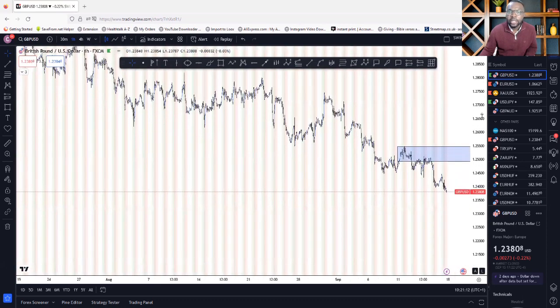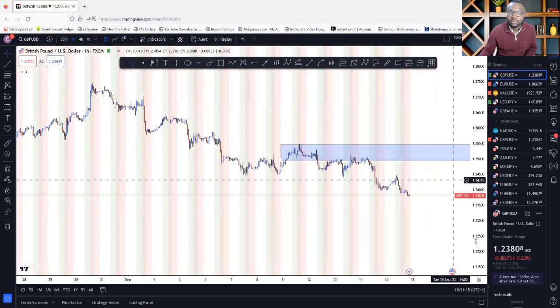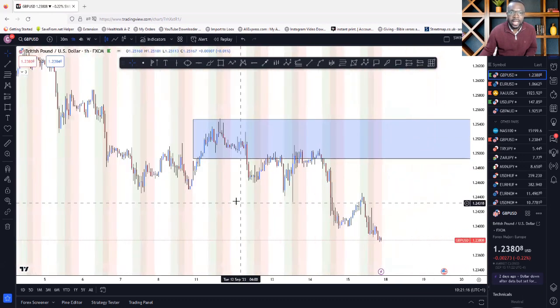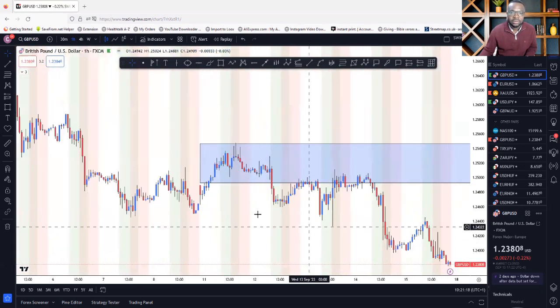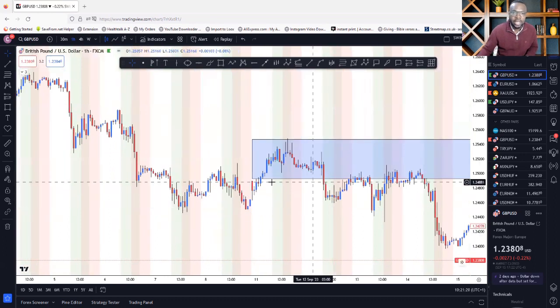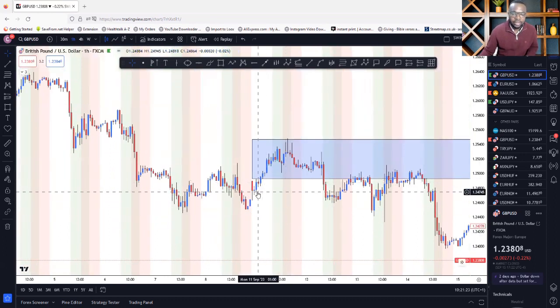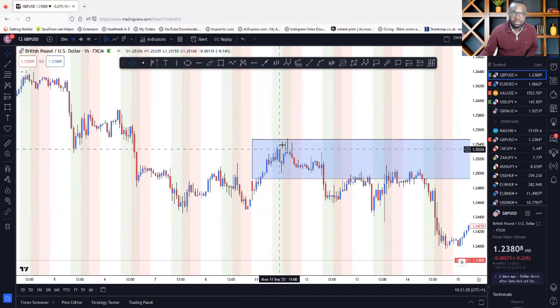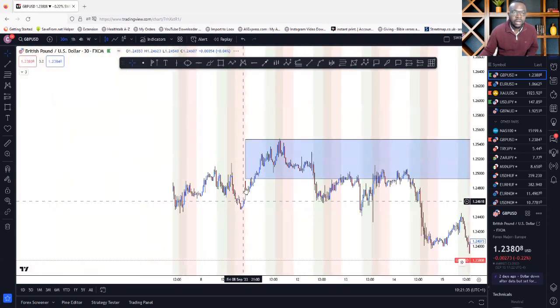Now, that week to the upside, that happened. Look at that. That was the week to the upside. Look at what happened. That means the market rallied up in Asia section and decided to hold. Let's move to lower time frame.